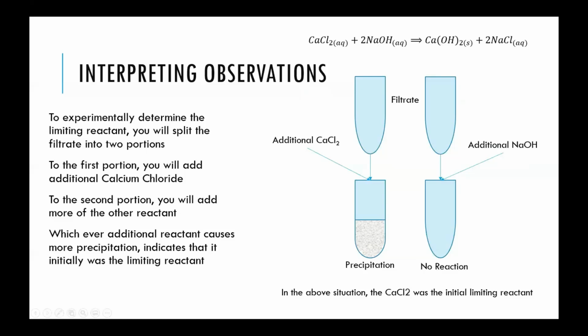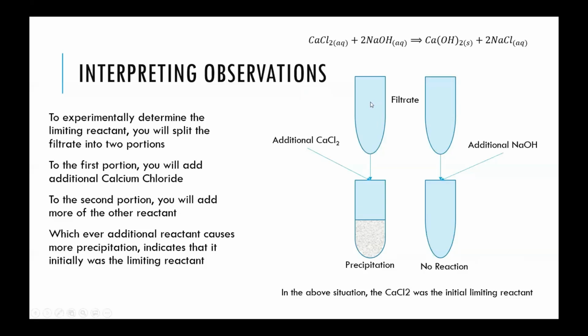But the sodium chloride ions and any unreacted reactant will also be present in the filtrate. It will pass through the filter paper. What's being done in the video is taking that filtrate, that liquid, and separating it into two different portions.